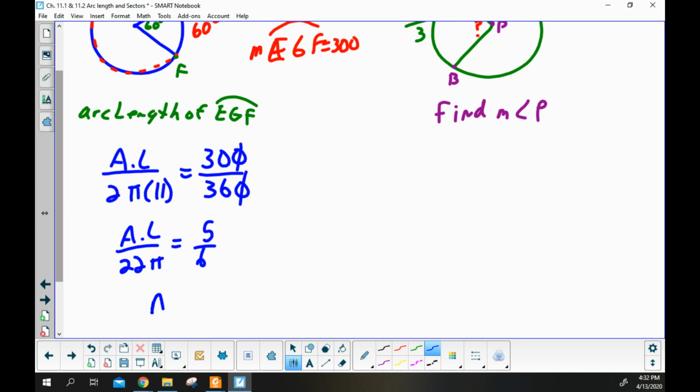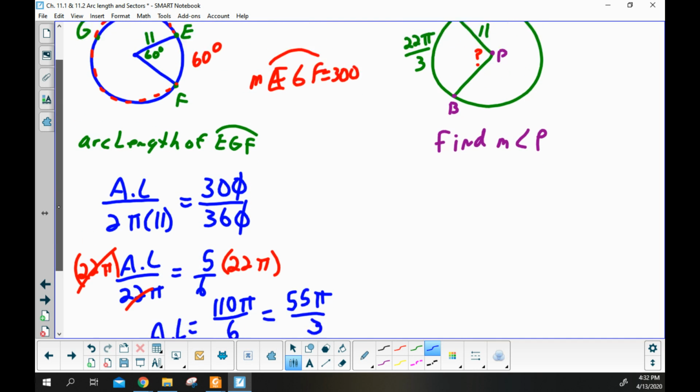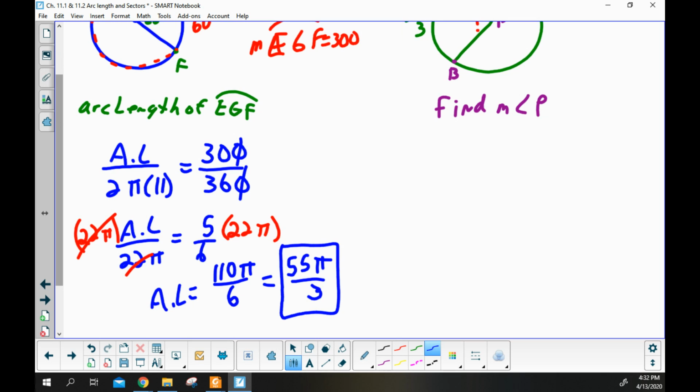So now my arc length in this case is equal to 5 times 22, which is 110 pi over 6, because again, I'm multiplying both sides by 22 pi, just to cancel out on both sides, just so we see where we're going with this. And then that reduces to 55 pi over 3, and do we have any units to this one? No, so that's what we're just going to leave it as, 55 pi over 3.